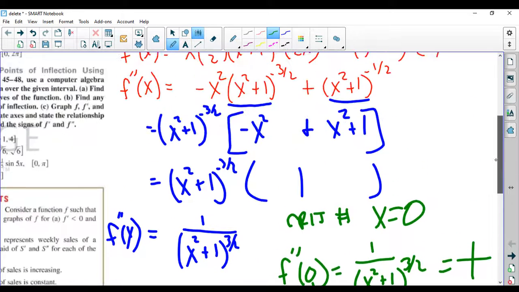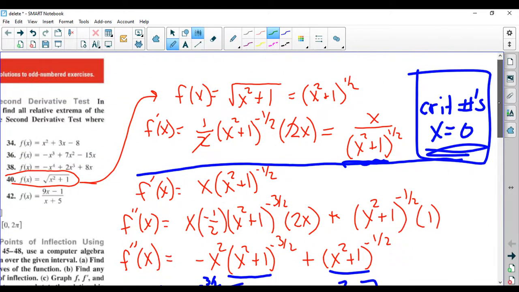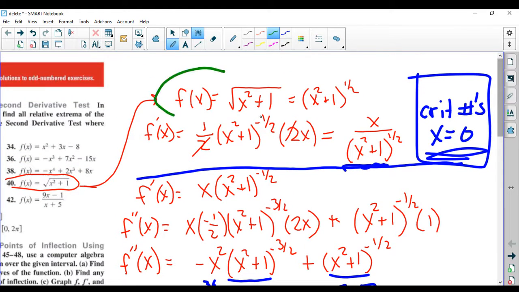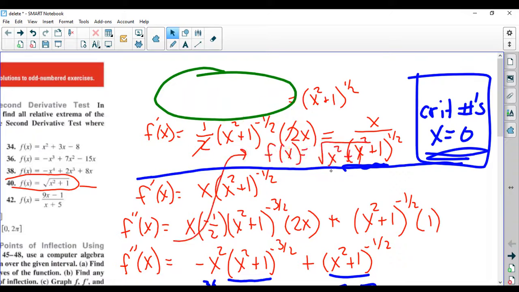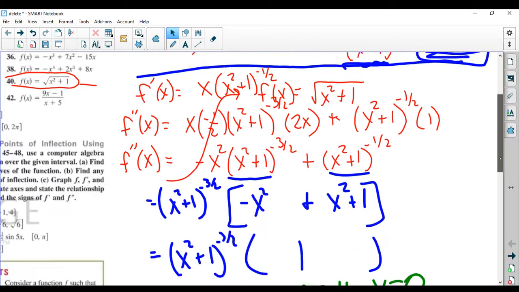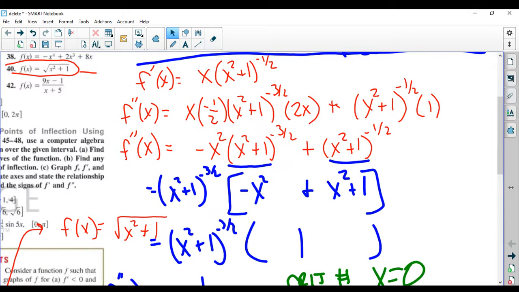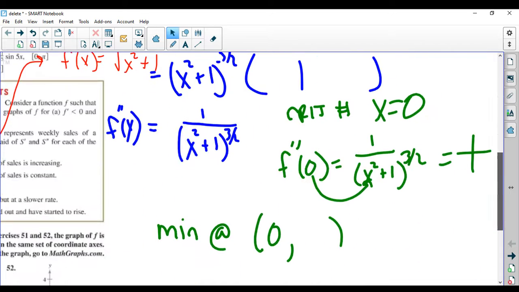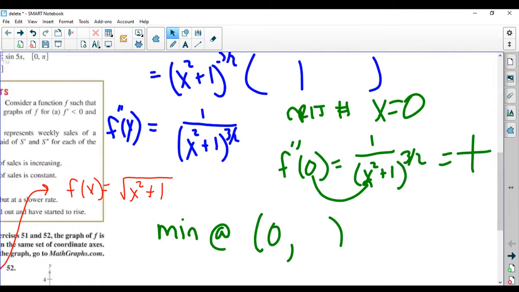You have to look back at our original function. So you plug in 0 to this original function. That's the square root of 0 plus 1, which is 1. So that's it.